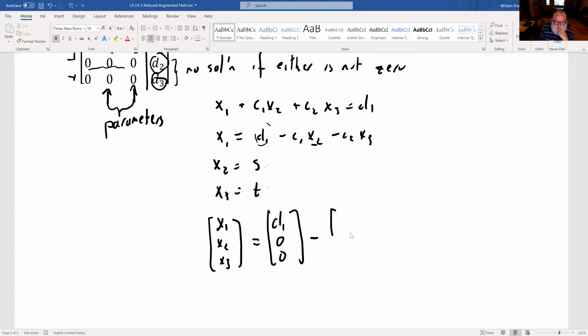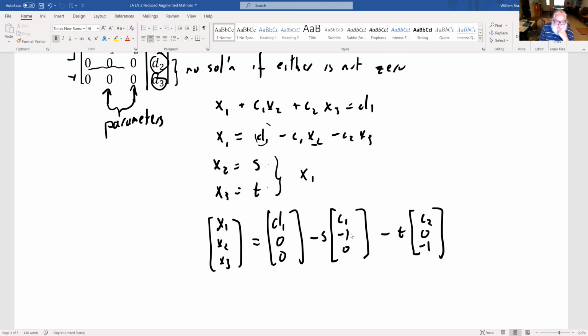So x1 has a minus s, c1, minus 1, 0, and then minus t, c2, 0, minus 1. Right? Because in terms of s and t, x1 becomes d1 minus c1 s minus c2 t.